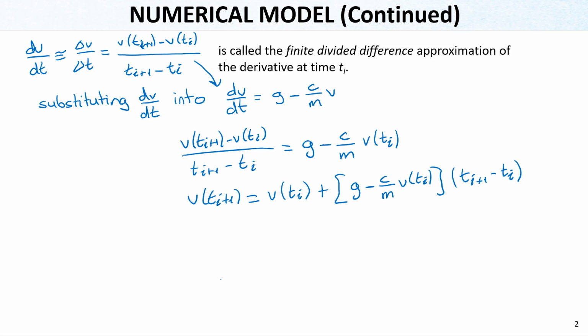Okay, now we have a formulation for v of ti plus 1, as you can see here, and this is simply a good formulation to be able to find all the velocity values.